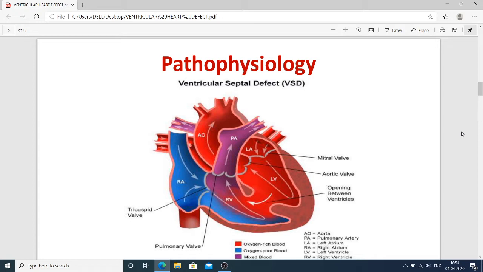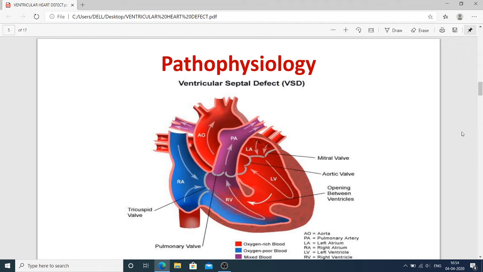Okay, but what happens in ventricular septal defect? It is away from the normal, with an abnormal connection between the right ventricle and left ventricle, which is usually not present in a normal child.